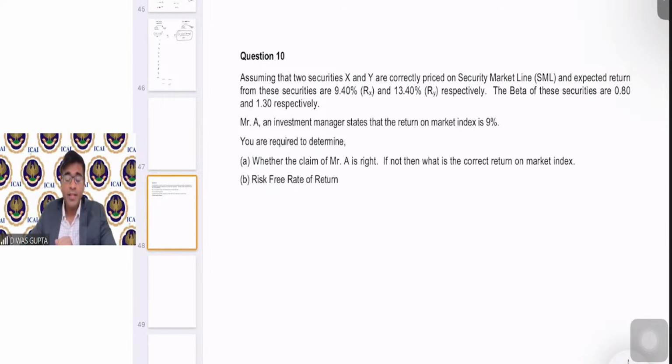Mr. A, an investment manager, states that the return on market index is 9%. You are required to determine whether the claim of Mr. A is right. If not, then what is the correct return on market index? So they are telling us to calculate the return from market, which is RM.